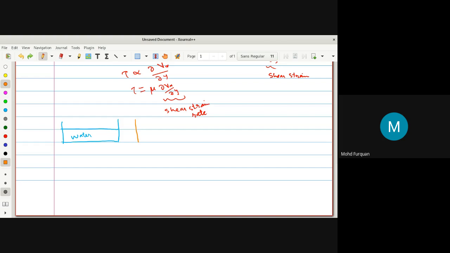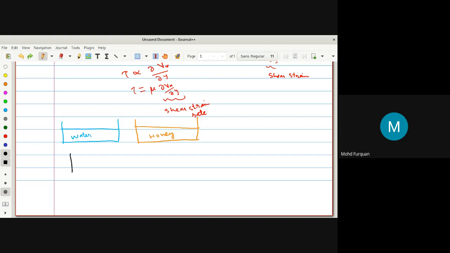And then you also have another container which contains, say, honey. Okay, now we repeat this same experiment. So at t equal to 0, better to use the same.